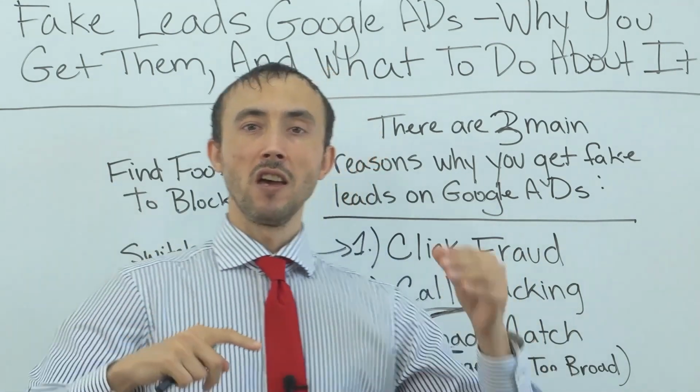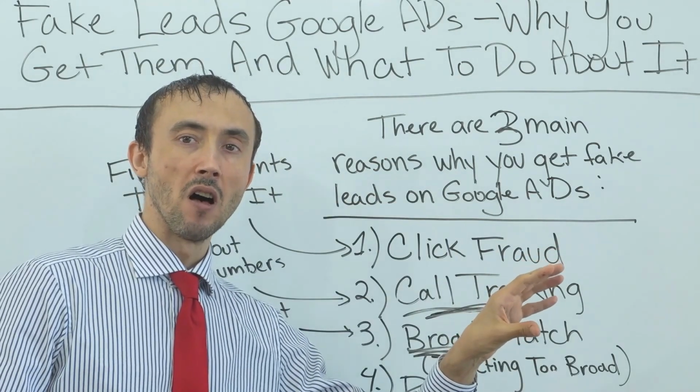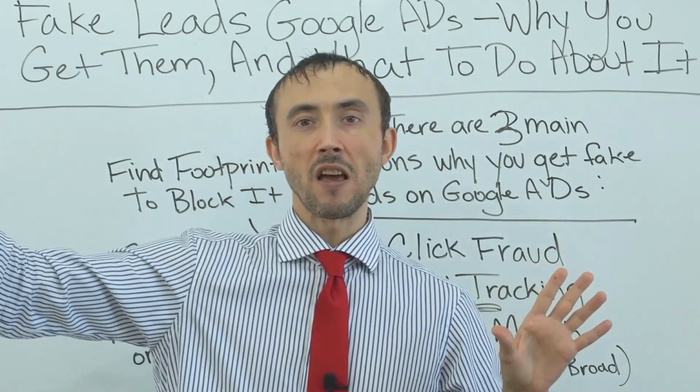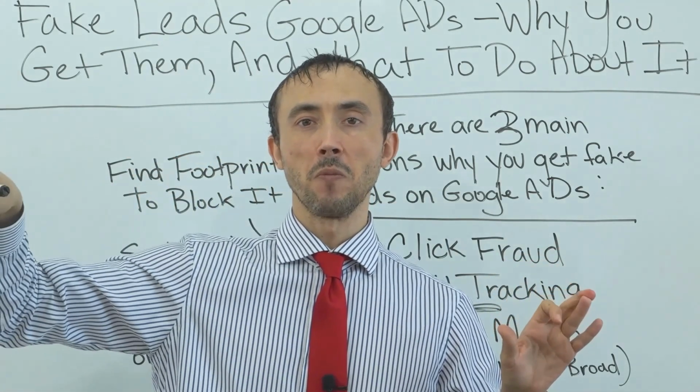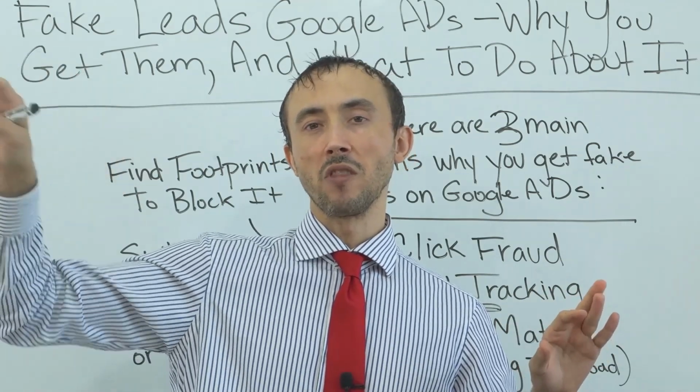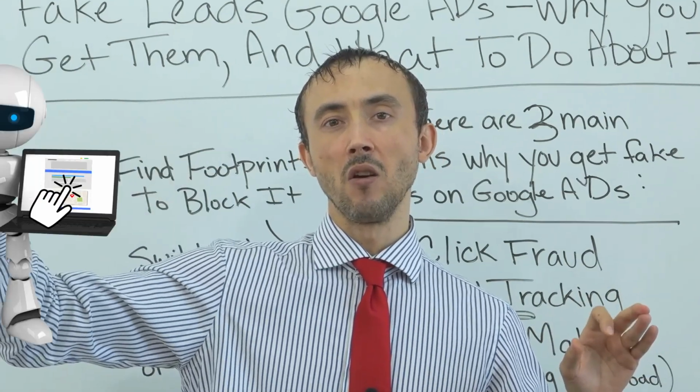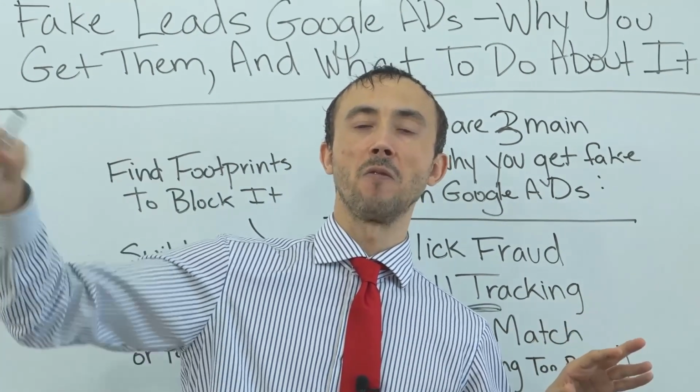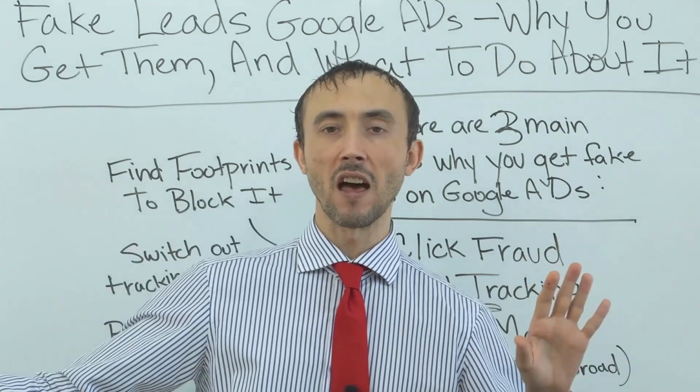And then now it looks like your PMAX campaign's converting well, but really you're just getting fake form fills from all the people running the websites that you show up on, where bots are literally clicking through your ad and filling out the form on your site as a result of that.